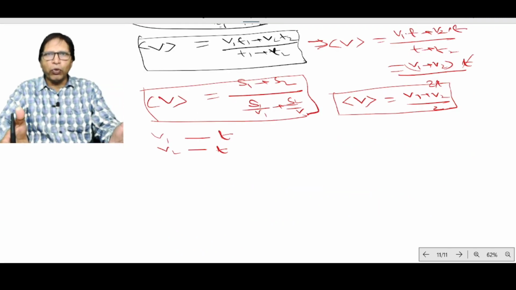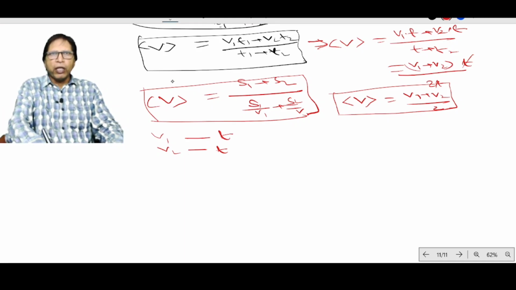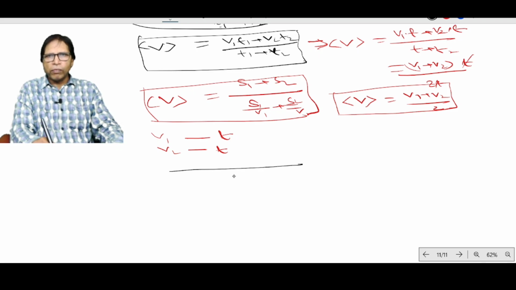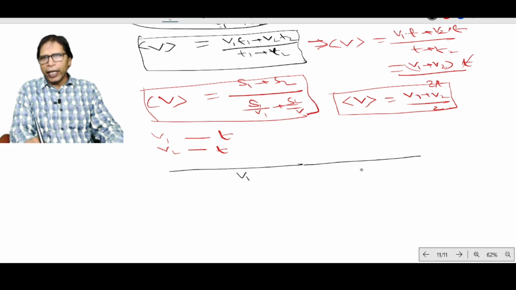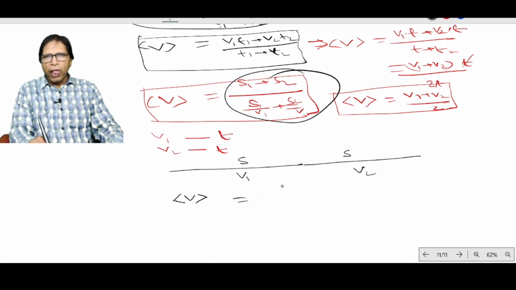Now we have to calculate the average speed in equal distance. That means a particle moves distance s with speed v1 and another same distance s with speed v2. Here same distance s and s. So average speed in equal distance, using this relation, is s plus s divided by s by v1 plus s by v2.